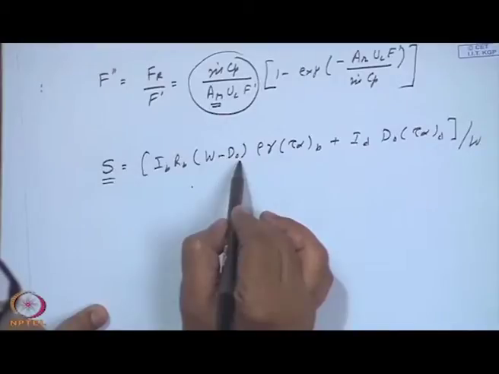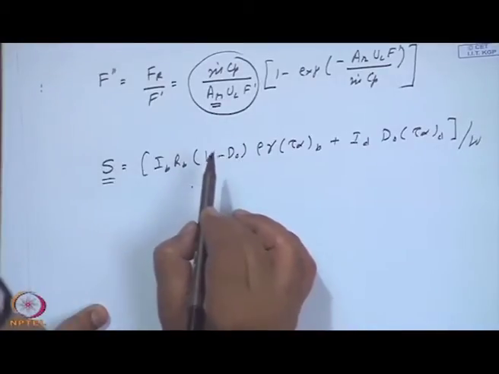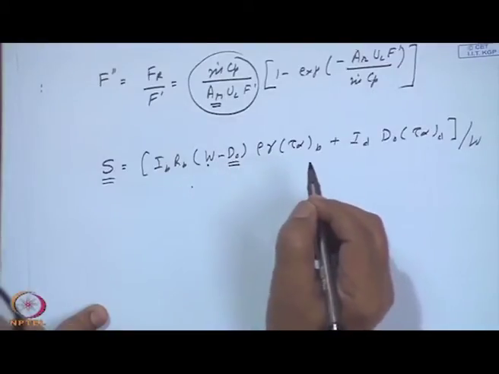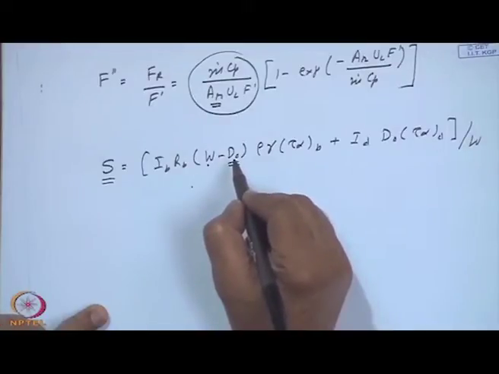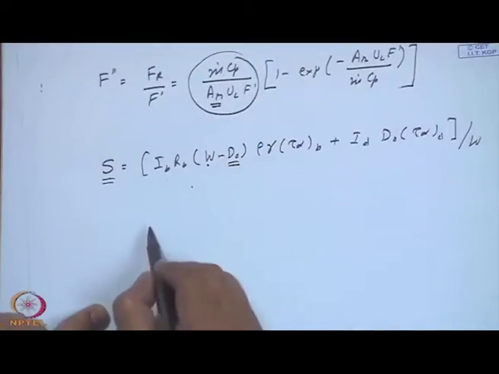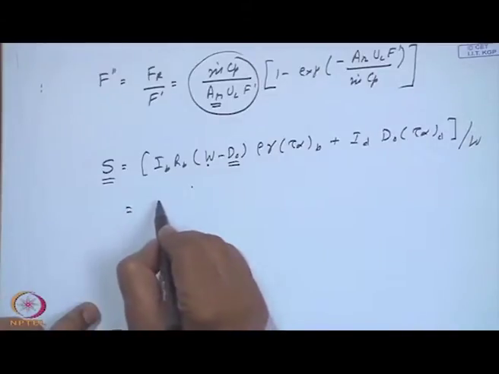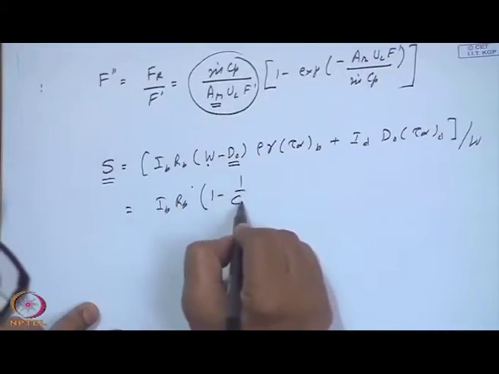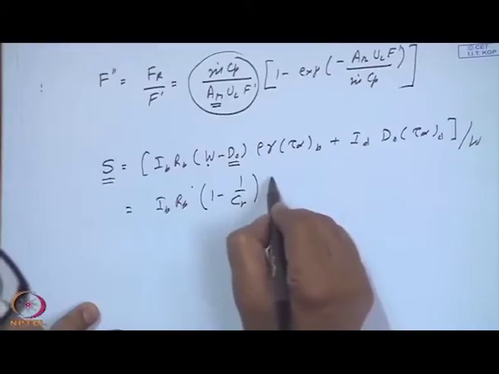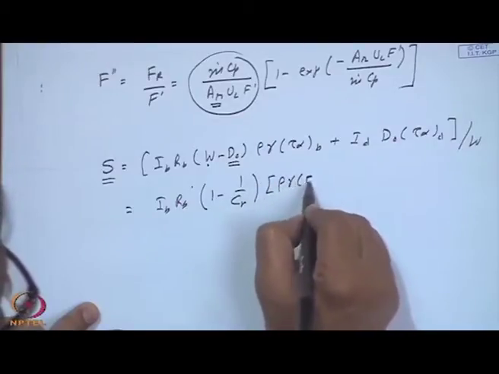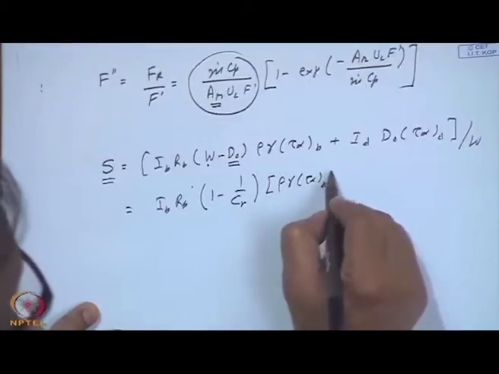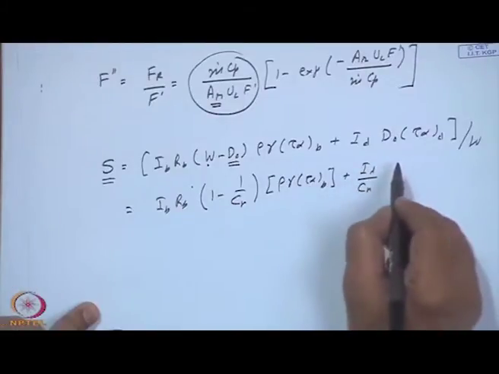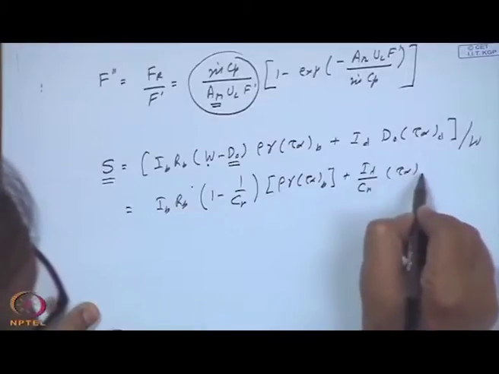So, W minus D naught instead of W, which is the width of the absorber, is due to the fact there may be a shadow cast by the receiver tube onto the aperture area, and this can be rewritten as IB RB times 1 minus 1 upon CR times rho gamma tau alpha direct B plus ID upon CR times tau alpha diffuse.